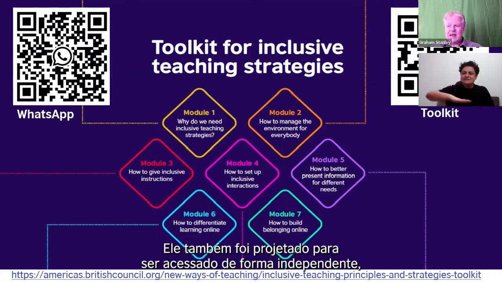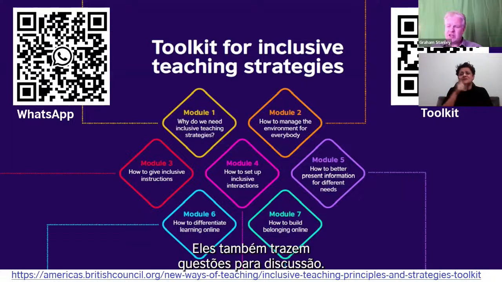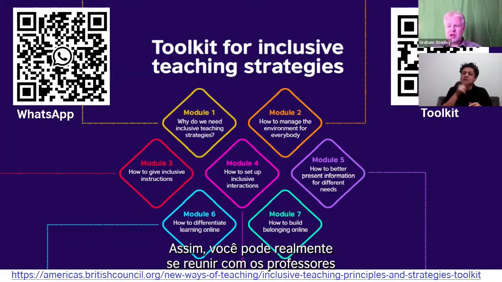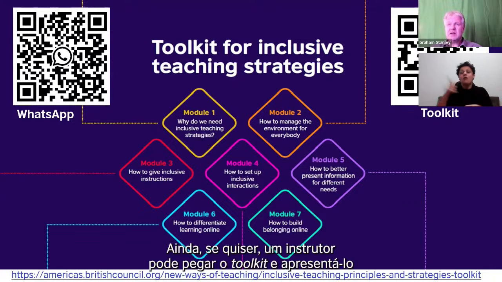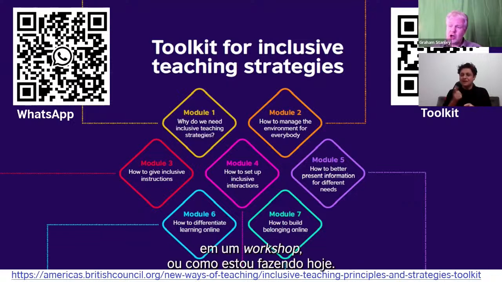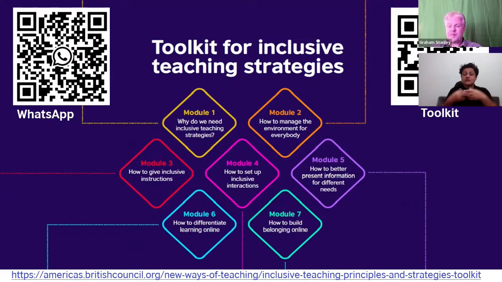It's also designed to be self-access, so you can work through the modules on your own, but there are also discussion questions, so you can get together with the teachers, either face-to-face or online, and work through a module and talk about it. A trainer can also take the toolkit and present it as a workshop, or as I'm doing today, present one of the modules as a thing to work through.